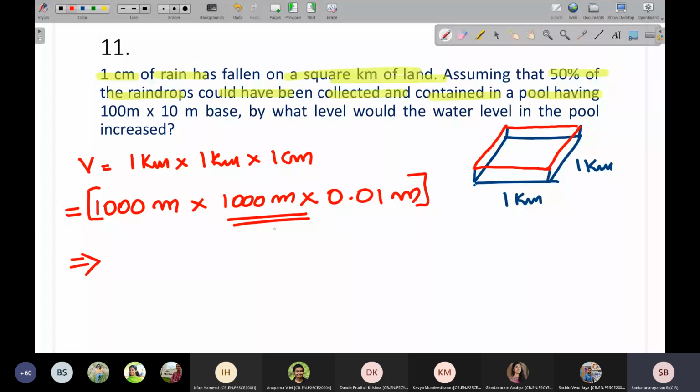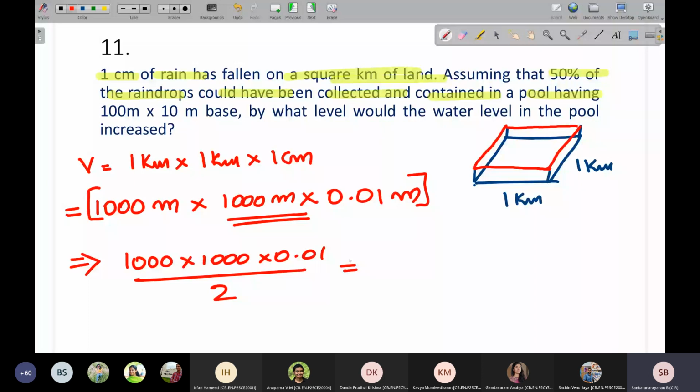So the volume of water guided to the pool will be 1000 meter into 1000 meter into 0.01, divided by 2. This is what is guided to the pool.